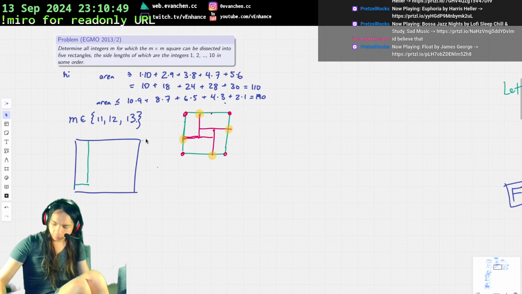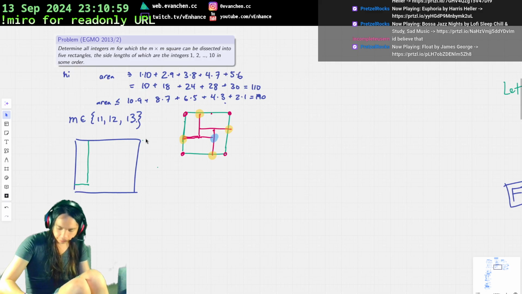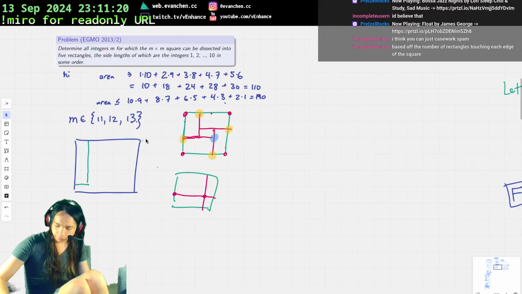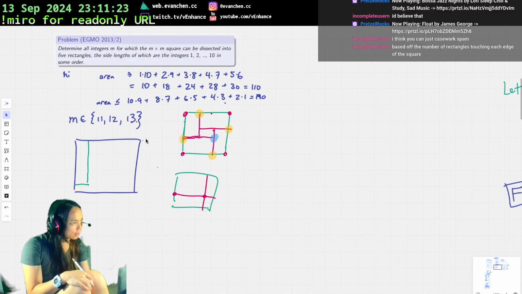Can the blue ones that I'm drawing, so the far vertices, be shared? I claim those can't be shared, because if I had something like this and I had something like this, then there's no... Yeah.